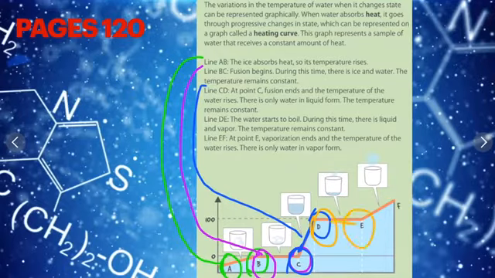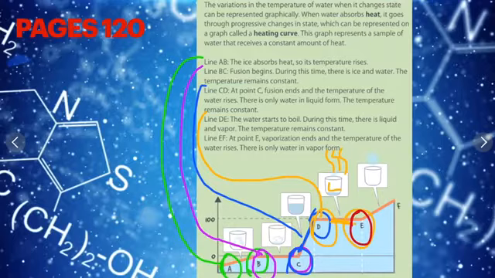So from here through here, you see a little bit of what? Of vapor and liquid, okay? So this is line DE, okay?